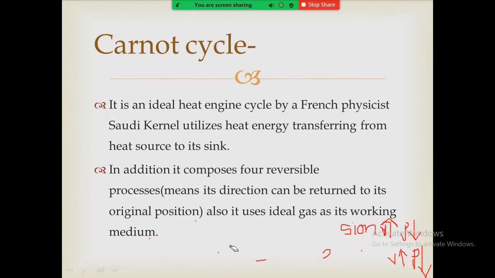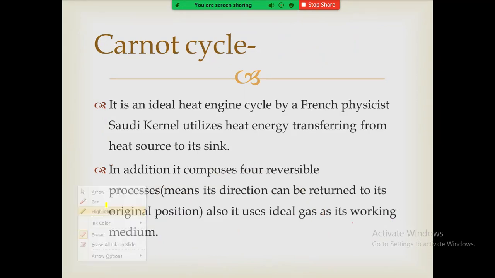Losses are totally avoided in this system, and whatever the sink or whatever the system available is, that system has an infinite temperature withstanding capacity. Because of these reasons, this system is not practically possible, because everything has at least some amount of losses. So this system is not possible in reality.